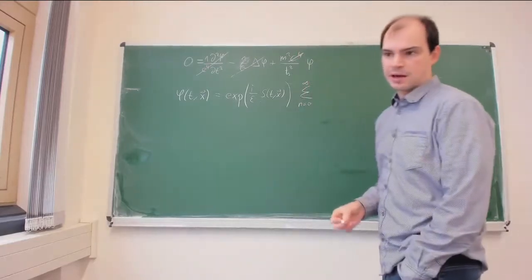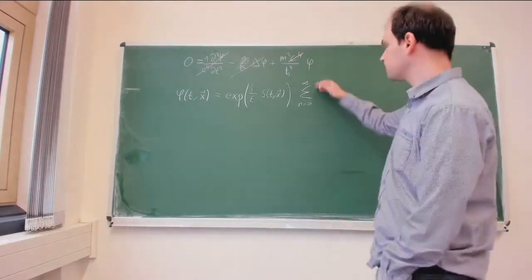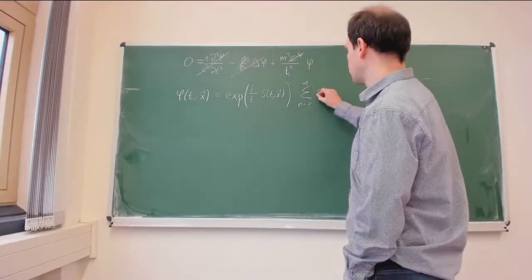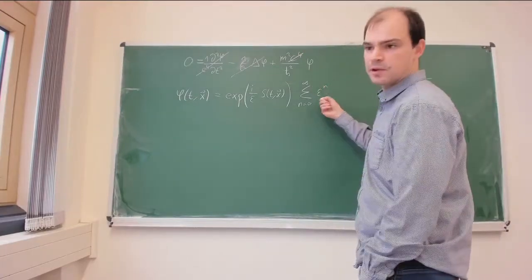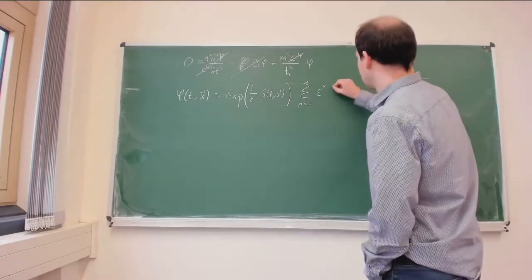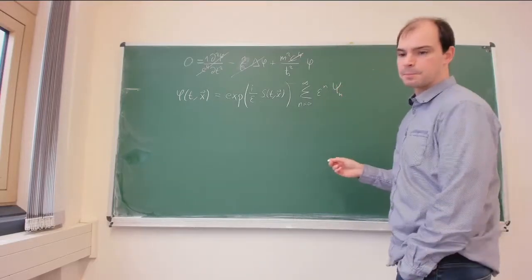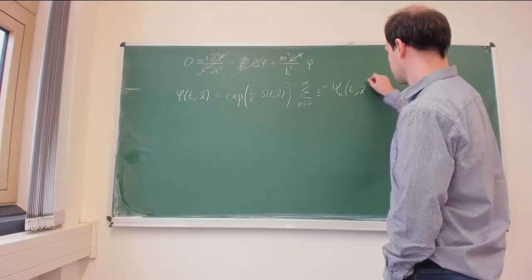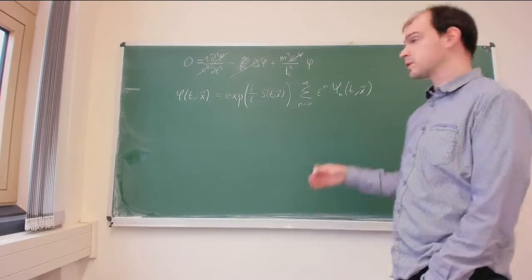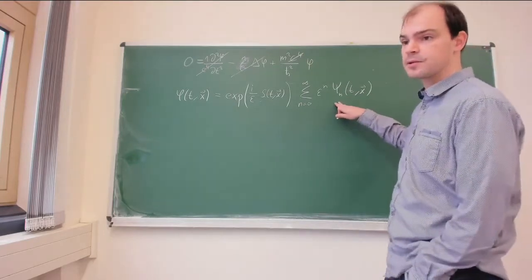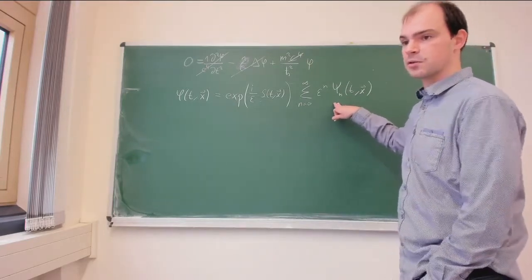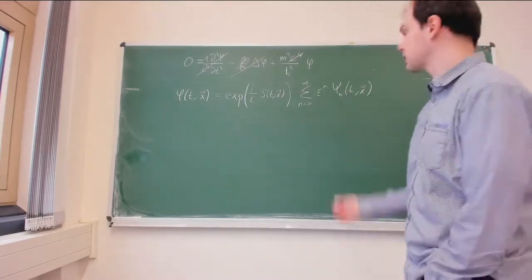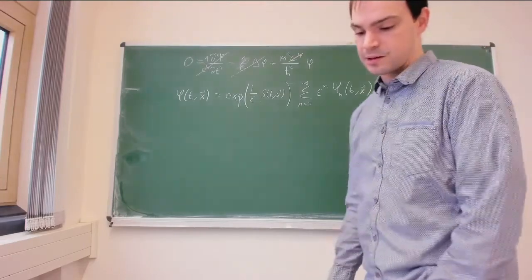And then we have a power series in our small parameter epsilon. So we have epsilon to the power n times a coefficient function psi n of t and x. Okay. So we will later see that the psi 0 function here actually is the Schrödinger equation wave function. That's why we call those coefficients already psi, in foresight to that.